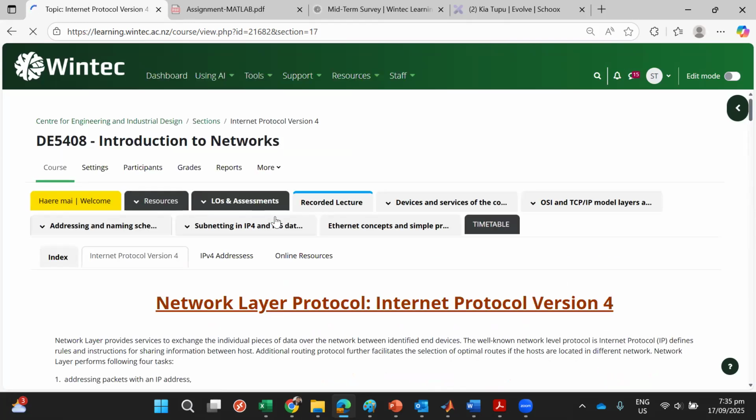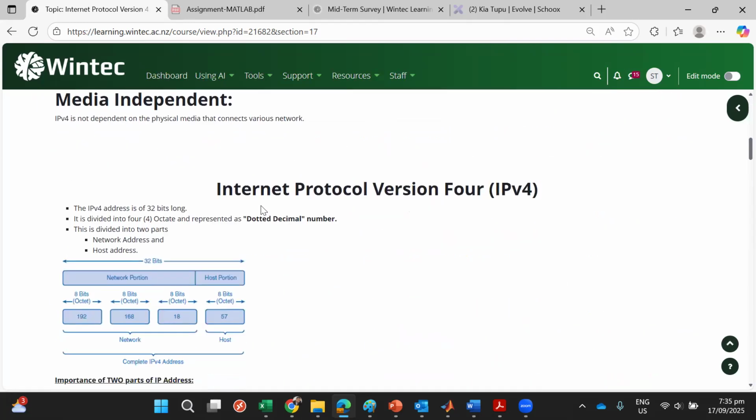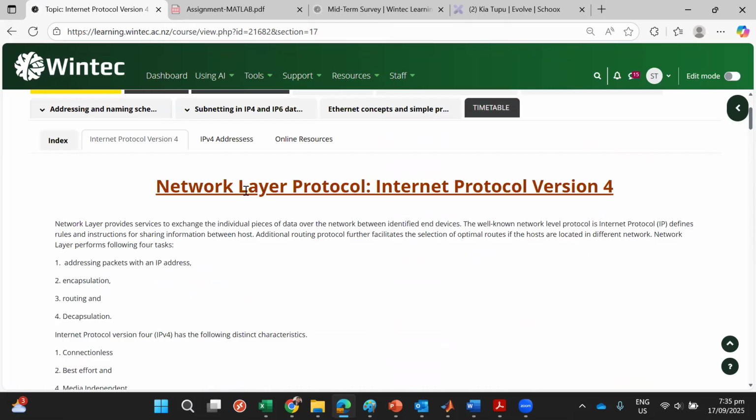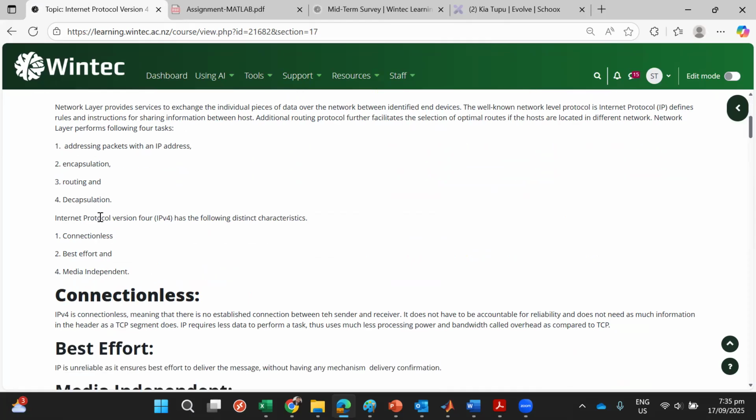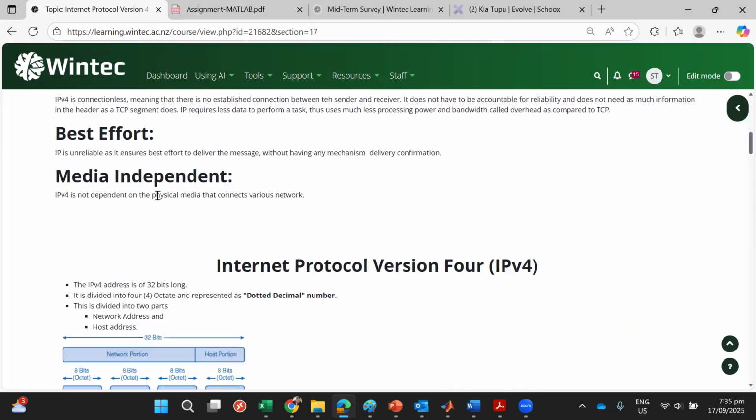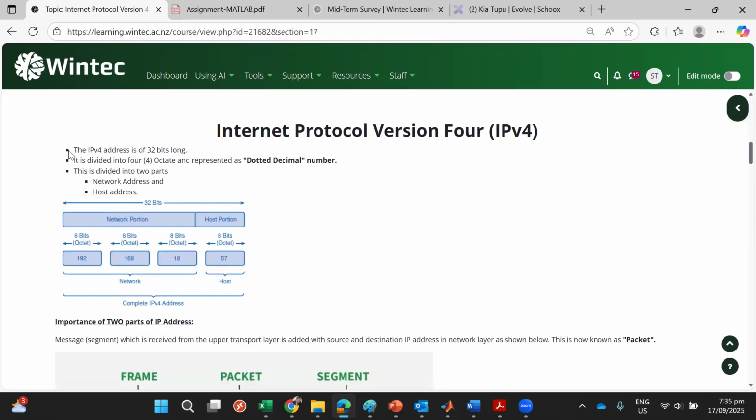In the first part, we discussed the network layer, where IPv4, the Internet Protocol, is utilized, and the function of the network layer. We gave a brief idea of the IPv4 address.